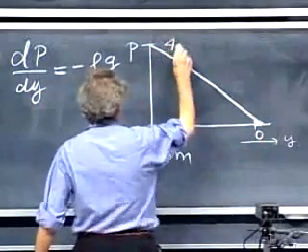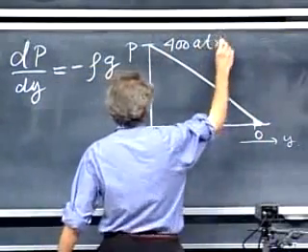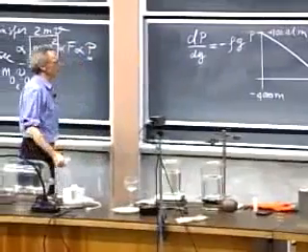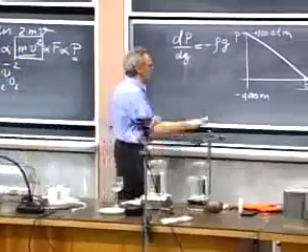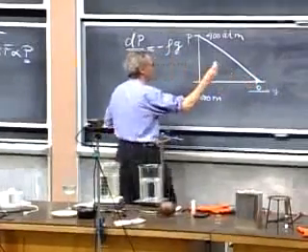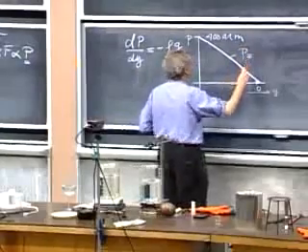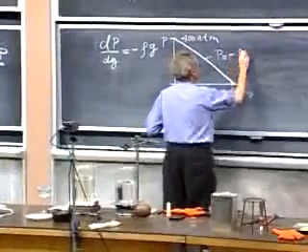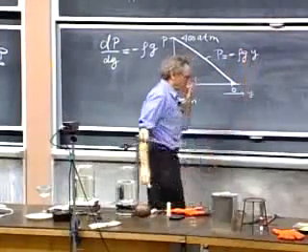Here it will be around 400 atmospheres, and it drops linearly. When you go up to the surface, it drops linearly. Well, it may be 1 atmosphere here because that's the barometric pressure, but that's a detail. I really want this to be the hydrostatic pressure. So this is minus rho times g times y.